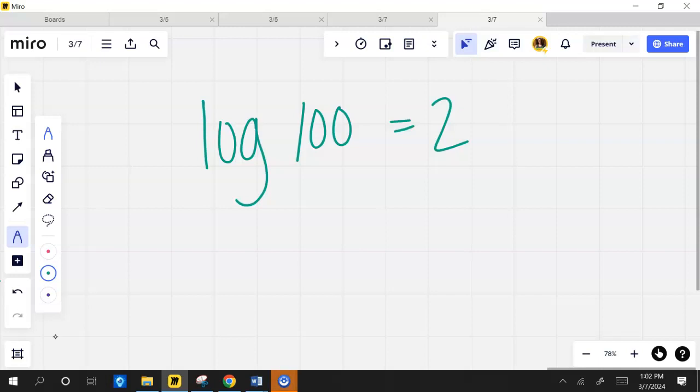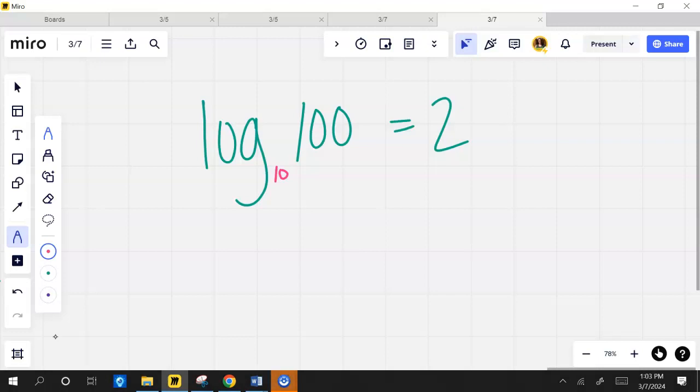Log of 100 equals 2? You're close. If there's not a base indicated, it's 10. If there's no base, then it has a base of 10.